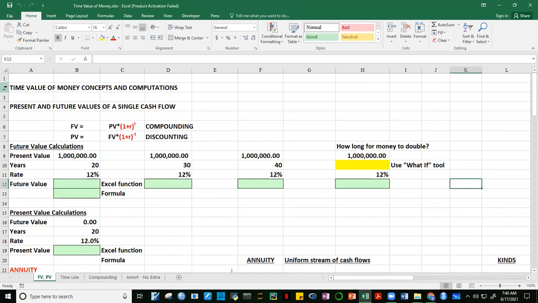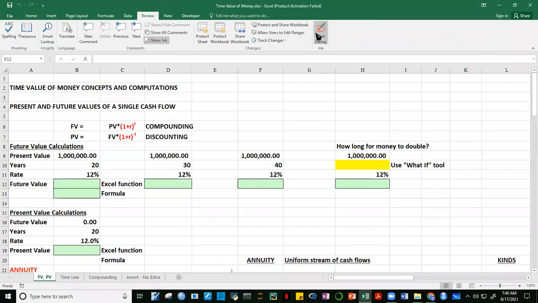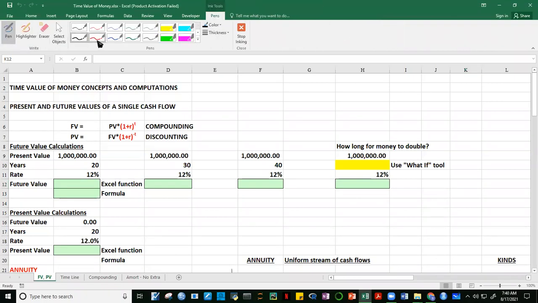When we compute for the future value, let me just use my digital pen. It's best to discuss this using the timeline.